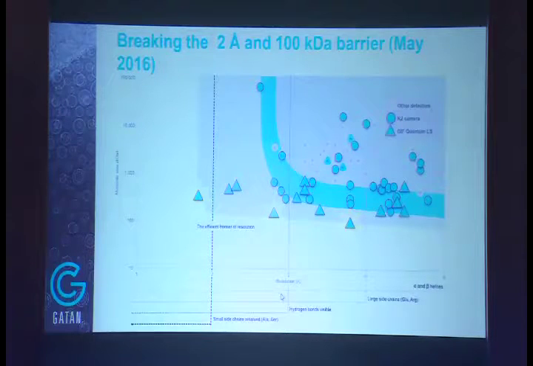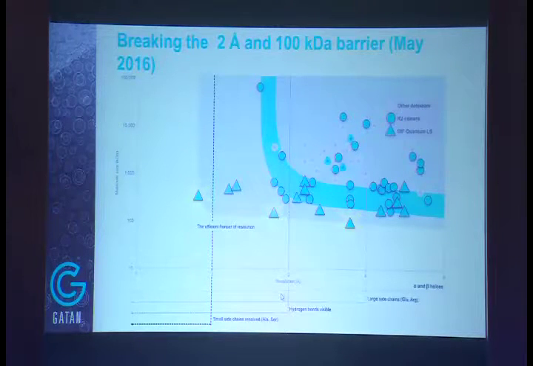Now we looked at this curve a little bit earlier, and one of the features that I didn't highlight to you was the difference between the circles and the triangles. What we're starting to see is that we have a number of structures that are really at the limit of resolution, or what we think we can achieve, that are coming from the energy filtered version of the camera. Okay? And especially a number of very small structures.